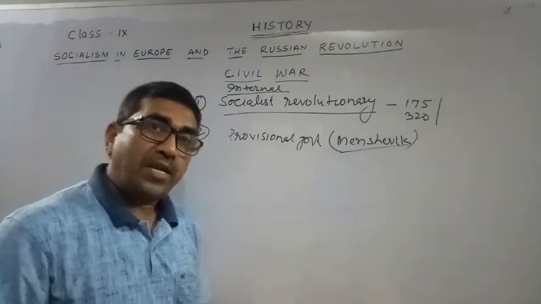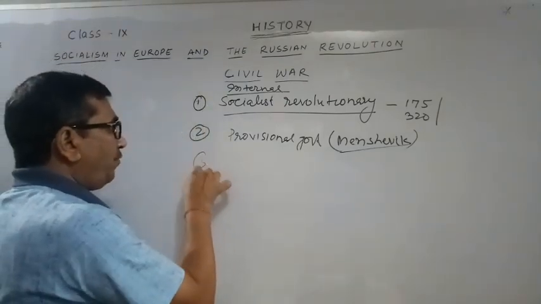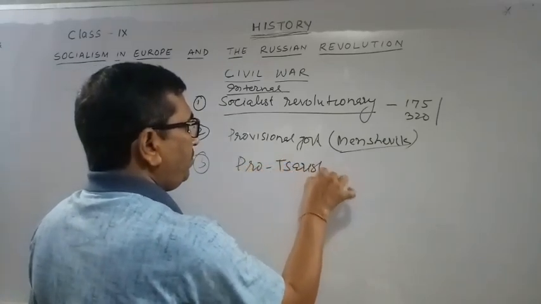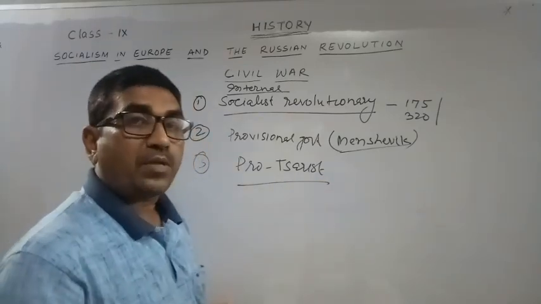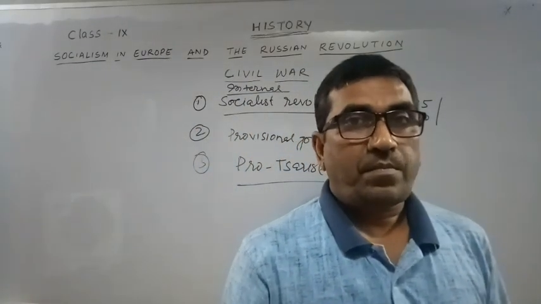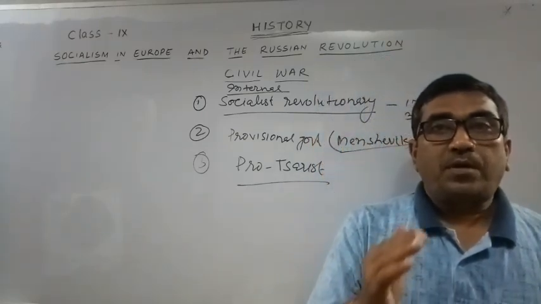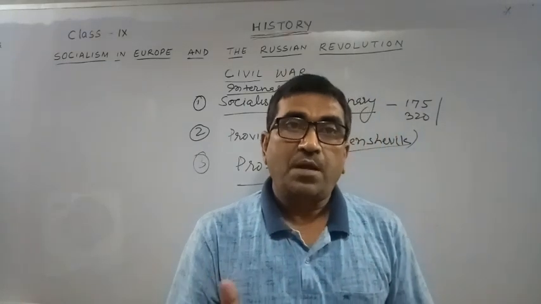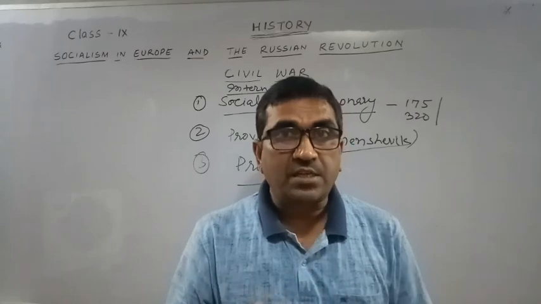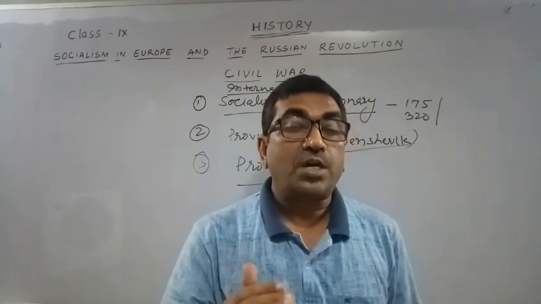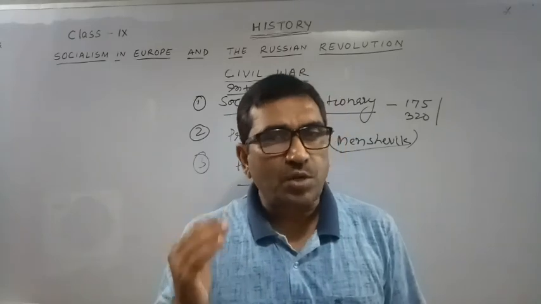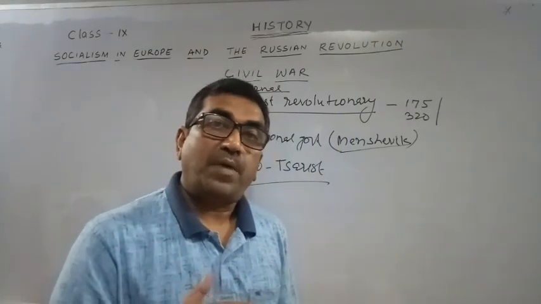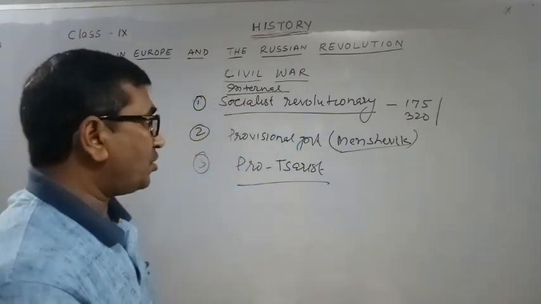Then from very early on, we find the pro-Tsarists. The pro-Tsarists also became the enemy of Lenin, because even though Tsarist rule came to an end after the February Revolution, all the chances were shattered after the October Revolution. The pro-Tsarists, who were supporters of the Tsarist government, became against him.